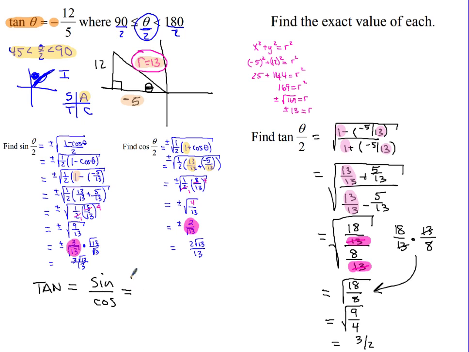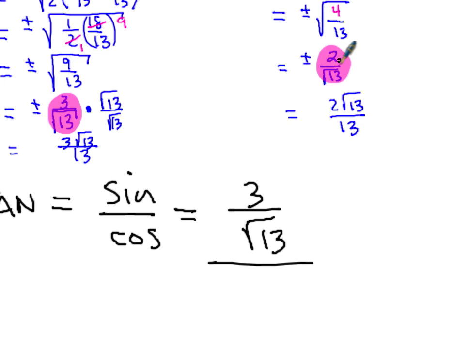So if I take sine and divide it by cosine, sine is going to be that 3 over square root of 13. And then my cosine part is the other piece over here. Cosine of theta over 2 was 2 over square root of 13. Now I'm going to run into that same thing that I did before, where both of these guys in the denominator are the same.